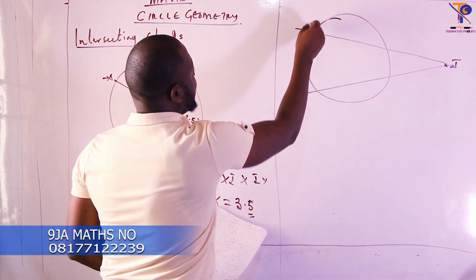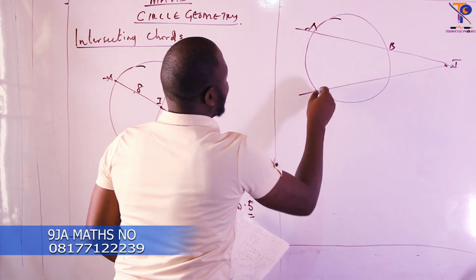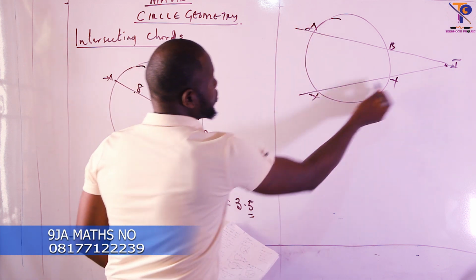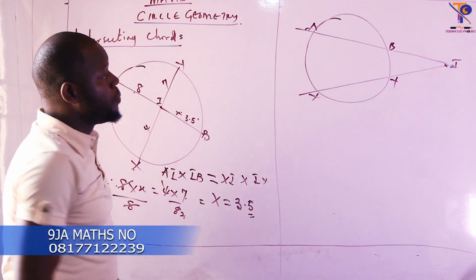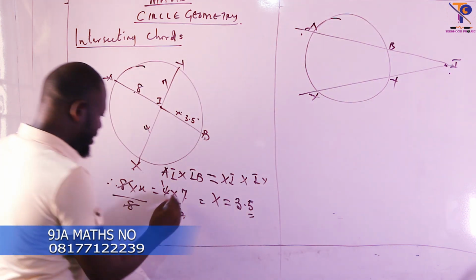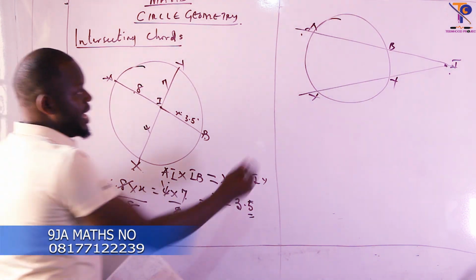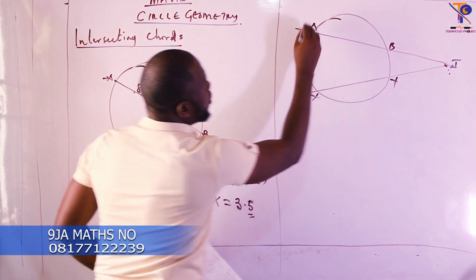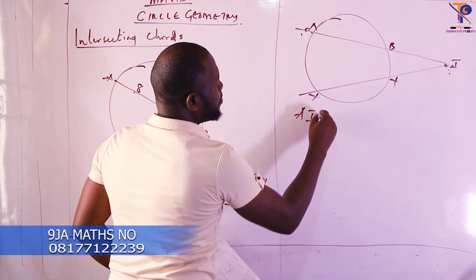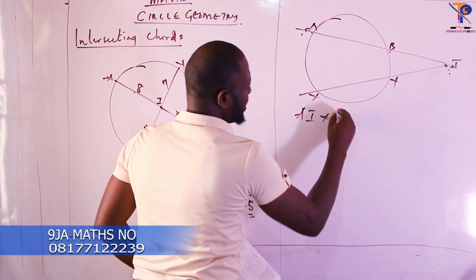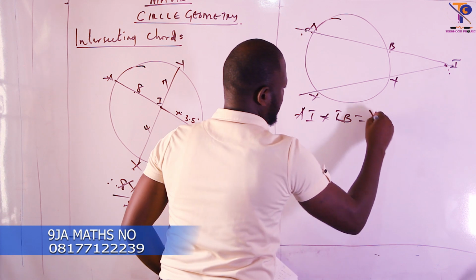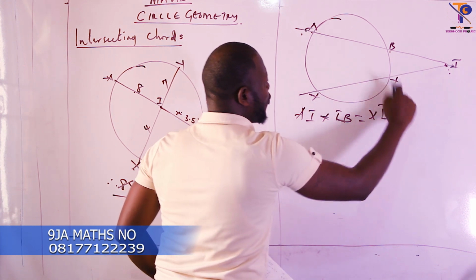So if I have A here and B here and X here, Y here, that means AB is a chord, XY as well. So this means AI, like this, it's the same thing. AI, that means the movement from here to here, multiplied by BI, will be equal to XI multiplied by YI.